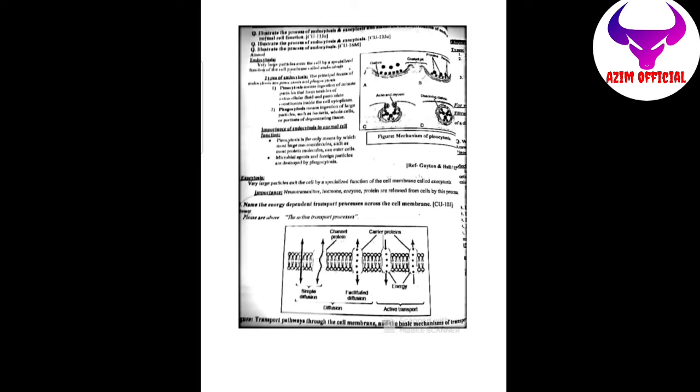Primary active transport, the pump system, like sodium-potassium pump, calcium pump, hydrogen pump. And secondary active transport, there is co-transport and counter-transport. Co-transport is sodium-glucose co-transport, sodium-amino acid co-transport, and counter-transport is sodium-calcium counter-transport, sodium-hydrogen counter-transport.